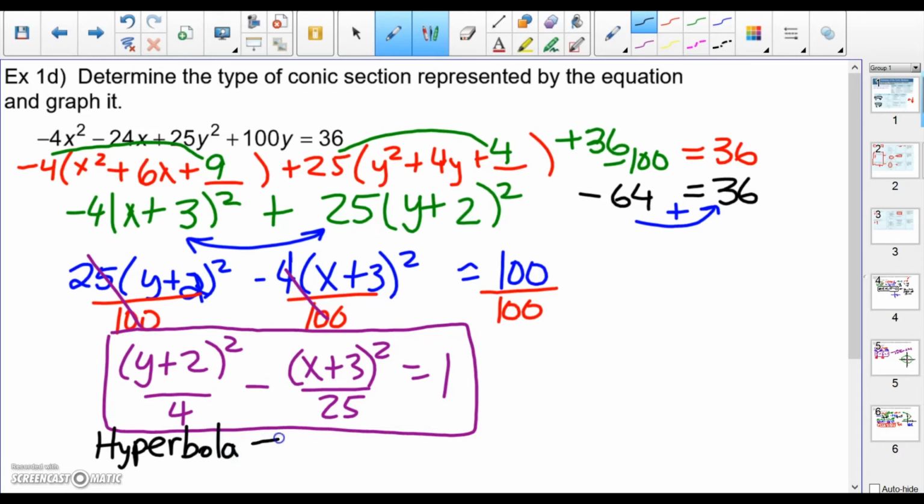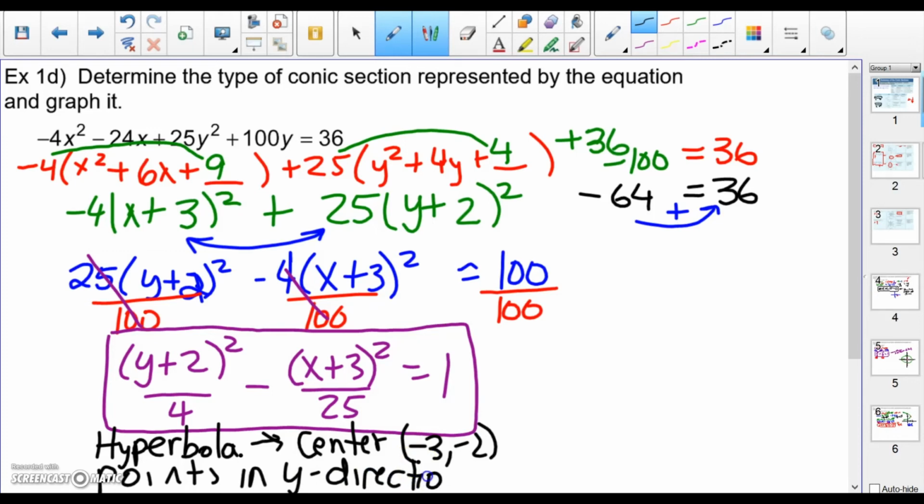We can see the center is at, look at your x term, negative 3 comma negative 2. And we can tell it opens in the y direction. So let's graph that.